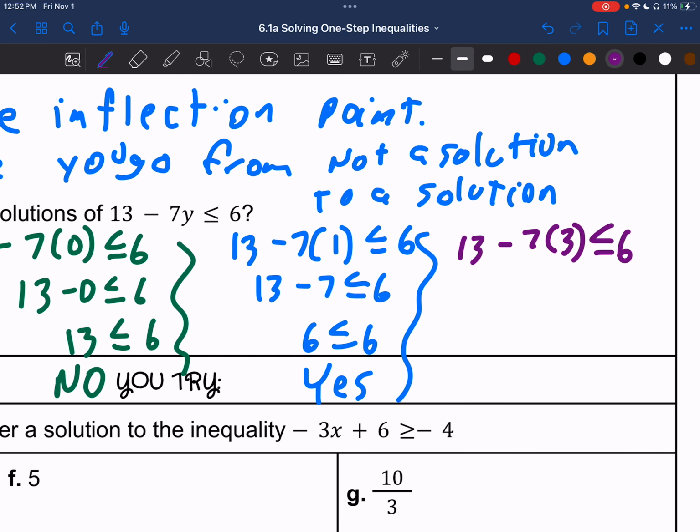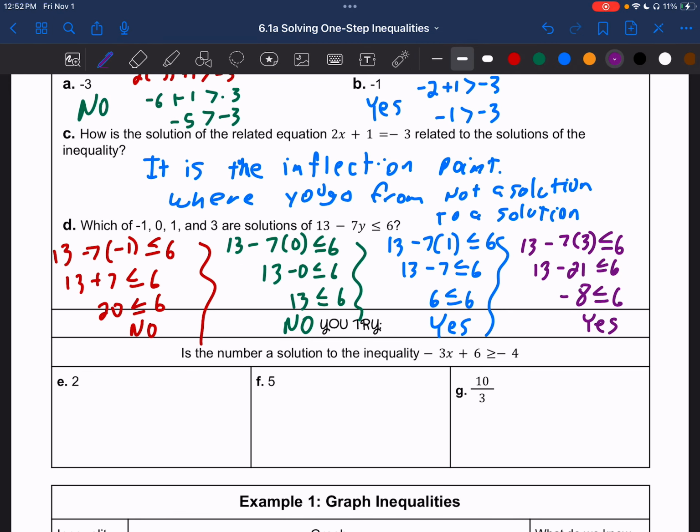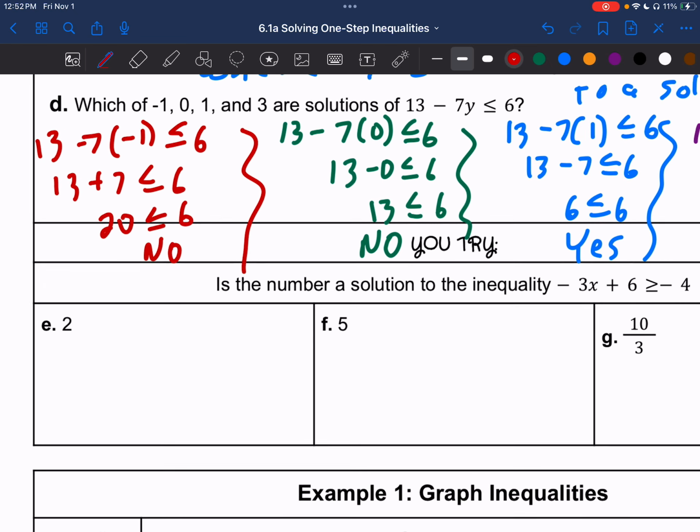So that's 13 minus 21 is less than or equal to 6. 13 minus 21 is going to get us a negative 8, which is definitely less than 6. So you're going to go ahead and do the you try down below, where you're substituting in those 3 values for x and seeing if it's going to be a solution.